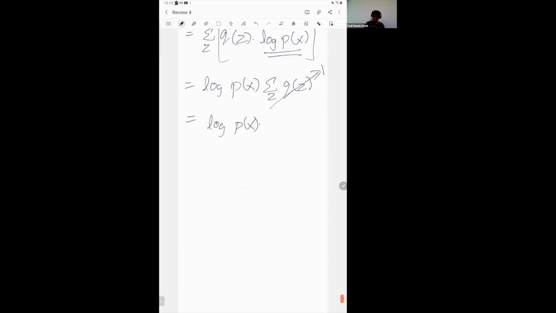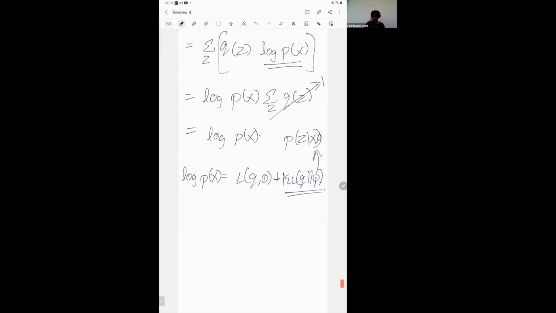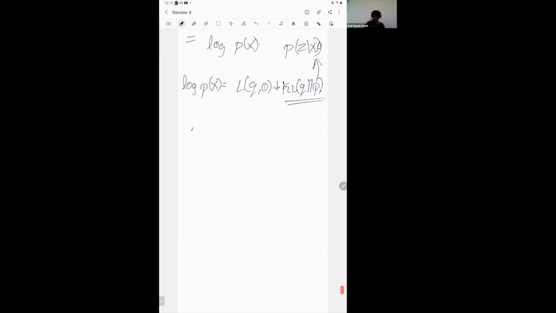So simply our log likelihood that we are interested in is just the summation of this and this. Just remember p is the posterior, p of z given x. Now we know this KL thing is always going to be positive, so this simply becomes our log likelihood.